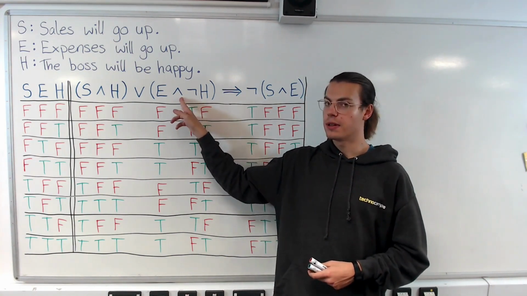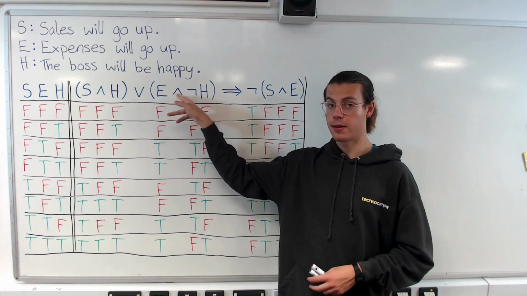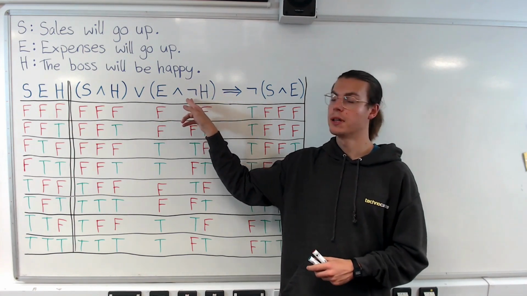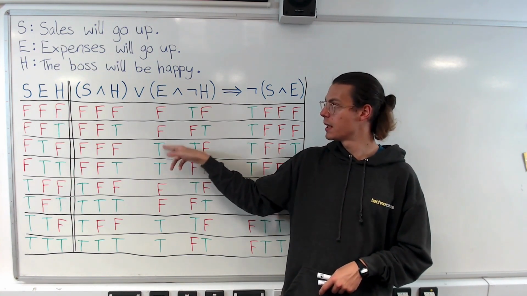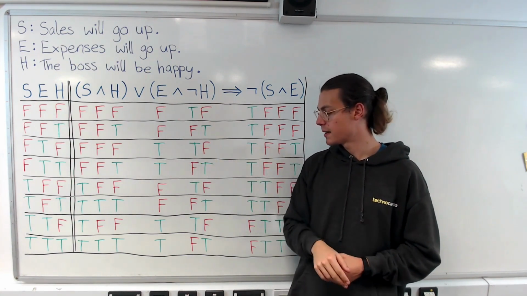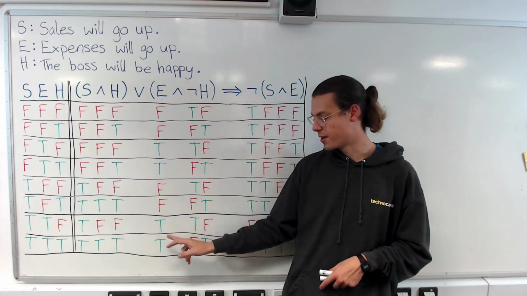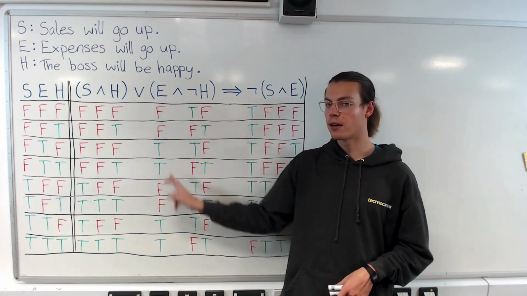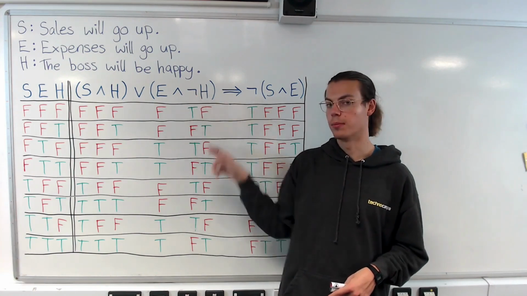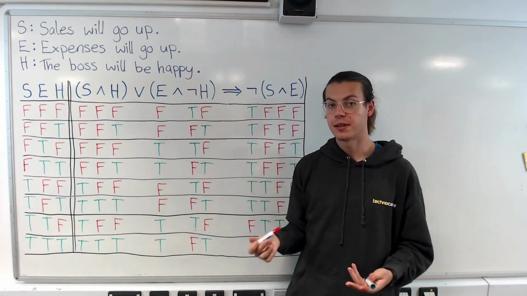Again, this is true if E and not H are both true. So this is in the third row, true and true, and in the second to last row, true and true. Right? We're looking at the E column and the not column. Everywhere else, this is false.